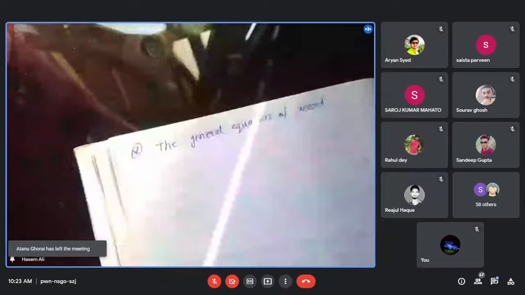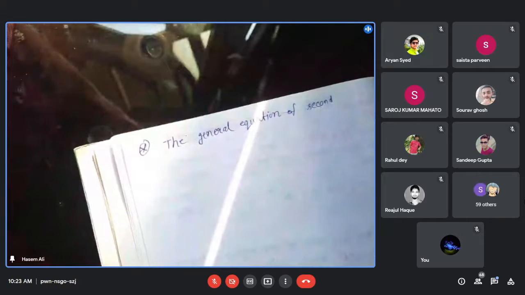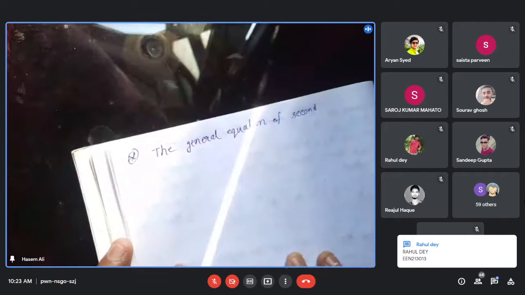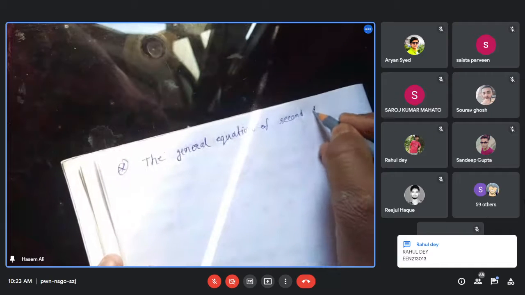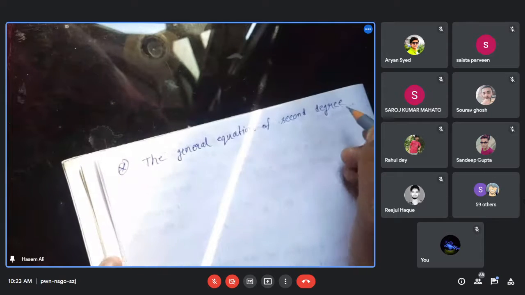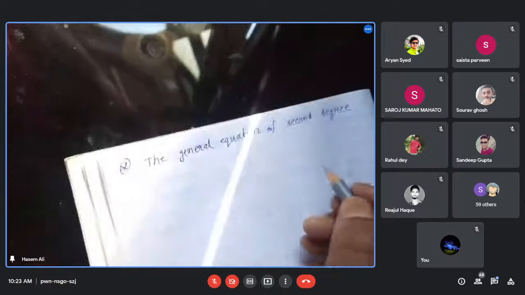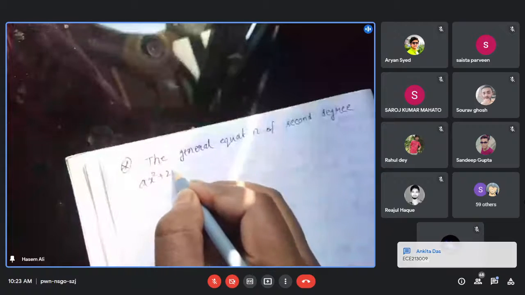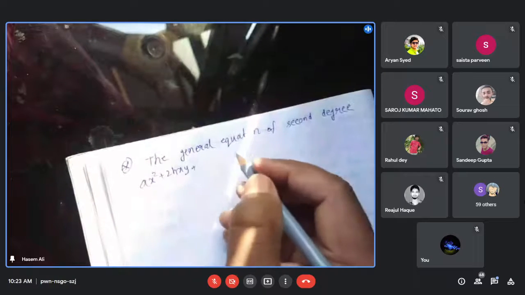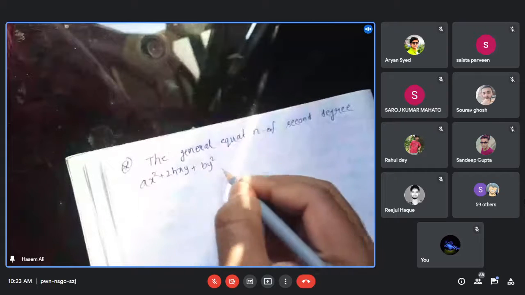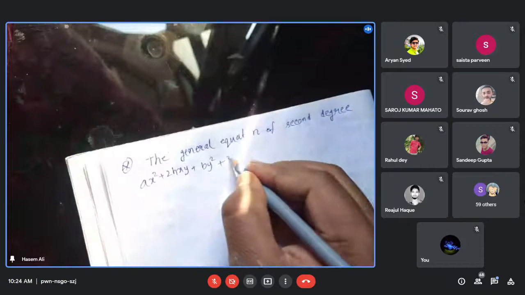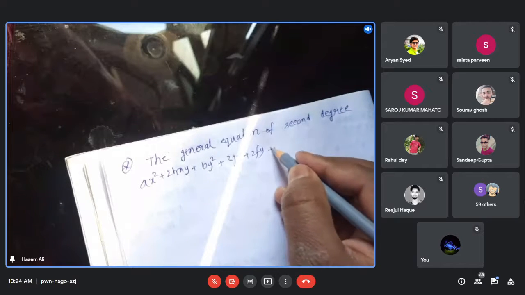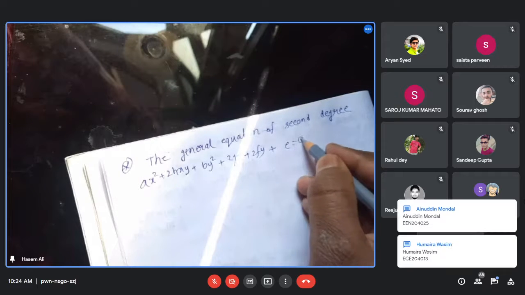In the previous case, we considered only the homogeneous equation of second degree. But now we will consider the general equation of second degree: ax square plus 2hxy plus by square, this is the second degree part, plus 2gx plus 2fy, this is the first degree part, and plus c, this is the constant term.